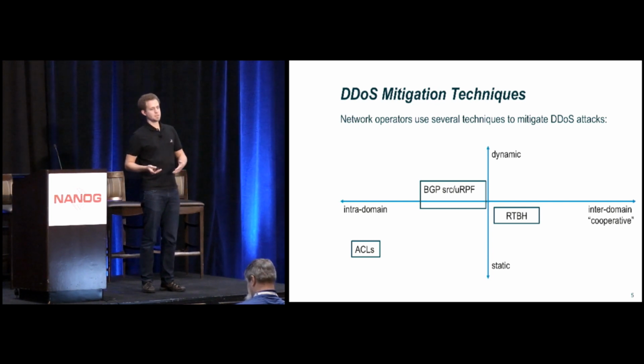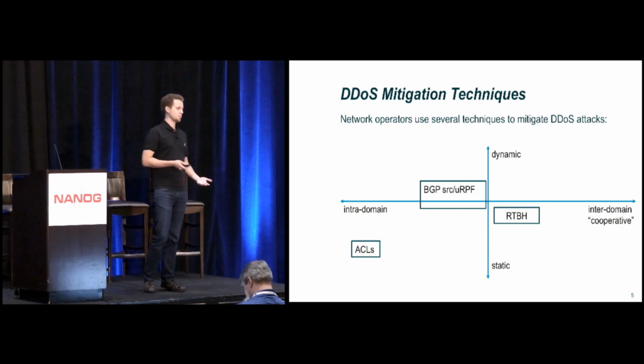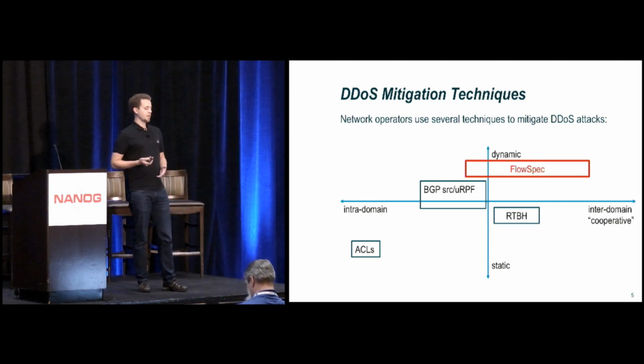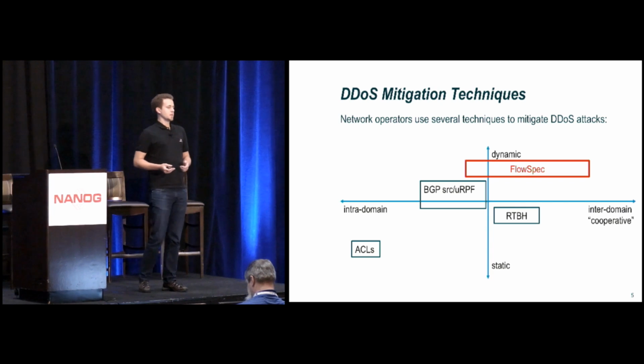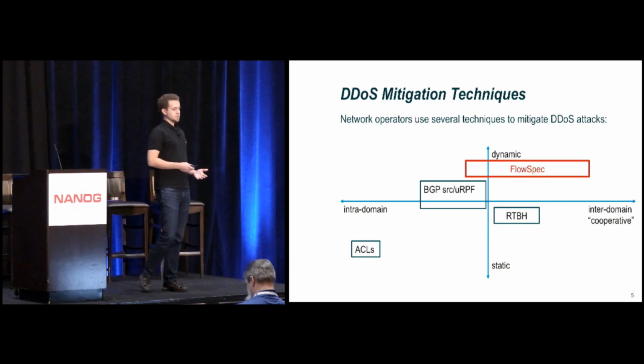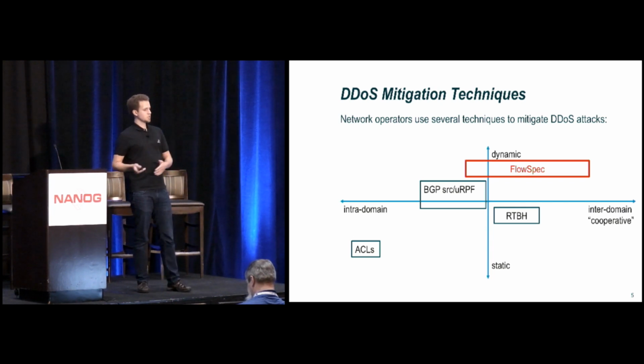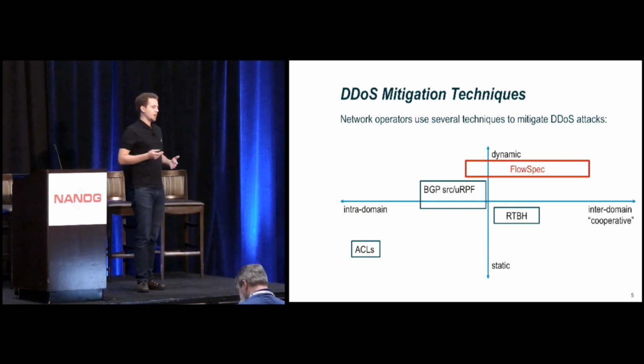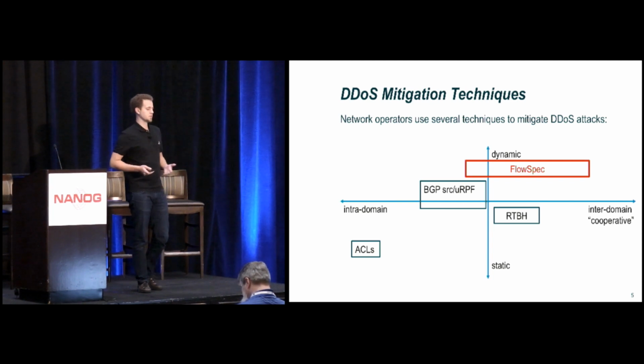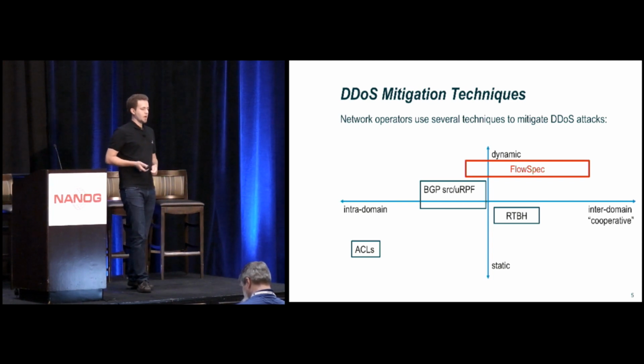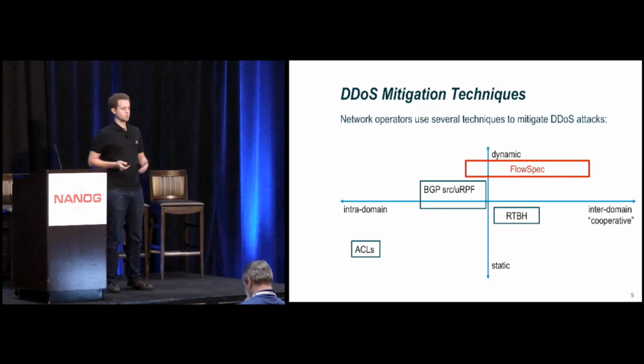You either have it in place, or you don't have it in place. It's not so flexible. And then there comes Flowspec. Flowspec can be used in your internal system, but it can also be used interdomain. I'm not encouraging any use particularly, but I say it can be used in such ways. And it's quite dynamic because it's working on top of BGP.